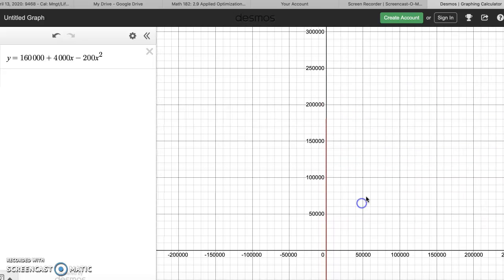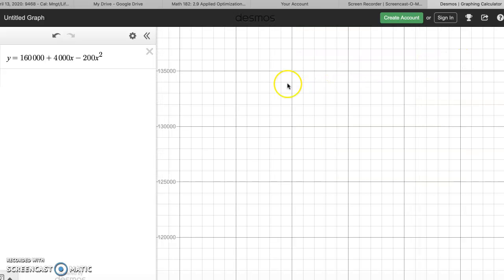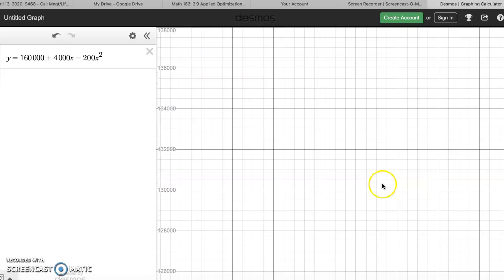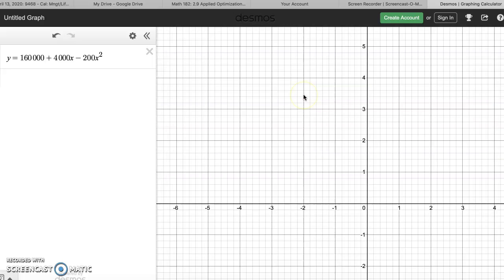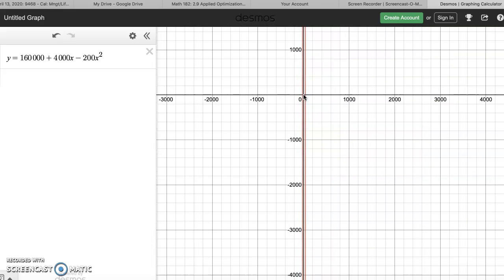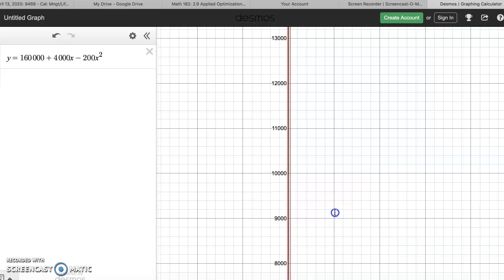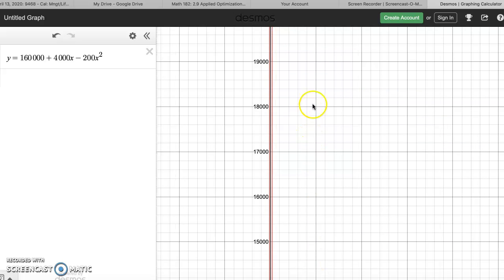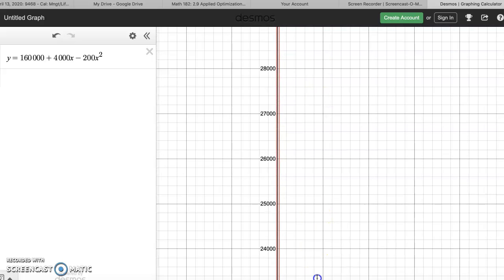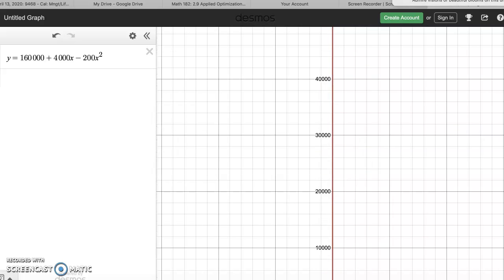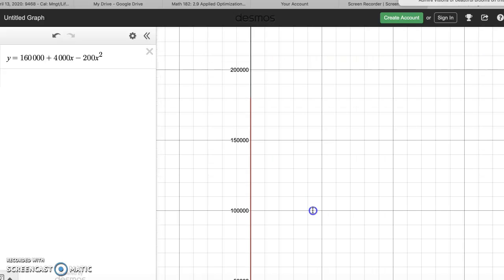There it is. And there's my vertex somewhere over here. And it should be around 180,000. So I have to scan out a little bit further. Right there. And at 10, we have a maximum of 180,000. So our picture matches up with that.